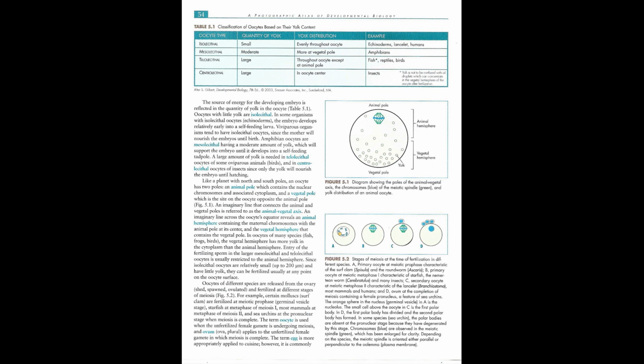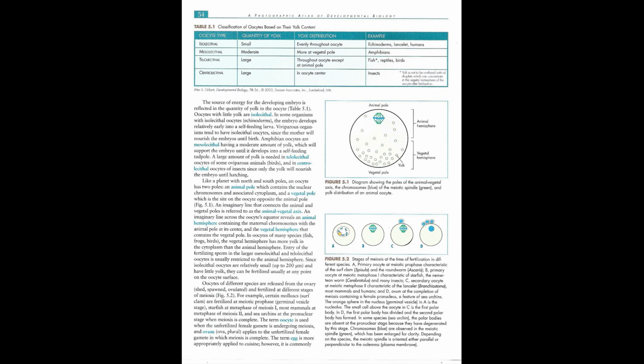The source of energy for the developing embryo is reflected in the quantity of yolk in the oocyte, Table 5.1. Oocytes with little yolk are isolecithal. In some organisms with isolecithal oocytes, echinoderms, the embryo develops relatively early into a self-feeding larva. Viviparous organisms tend to have isolecithal oocytes, since the mother will nourish the embryos until birth.